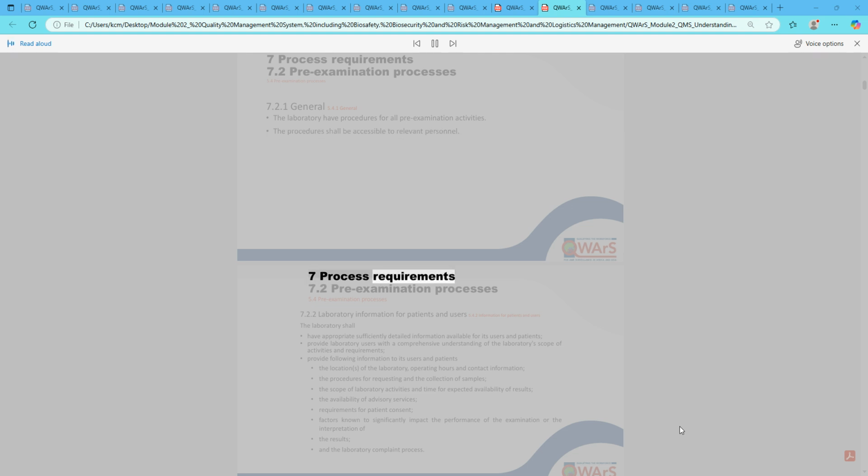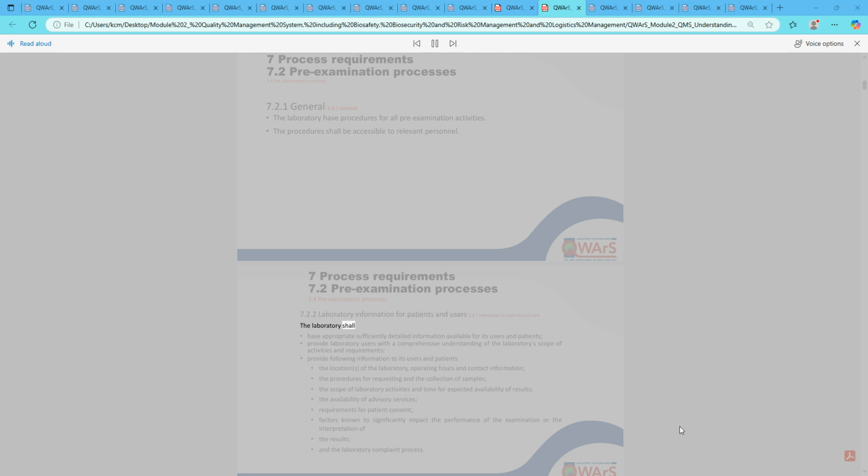7 Process Requirements, 7.2 Pre-examination Processes, 5.4 Pre-examination Processes. 7.2.2 Laboratory Information for Patients and Users, 5.4.2 Information for Patients and Users.